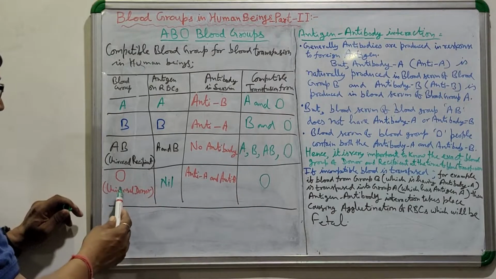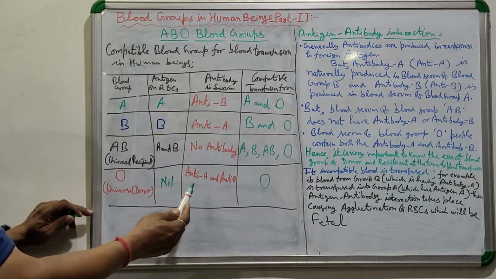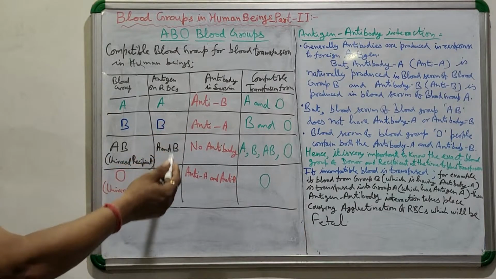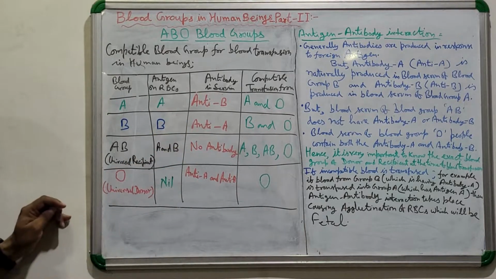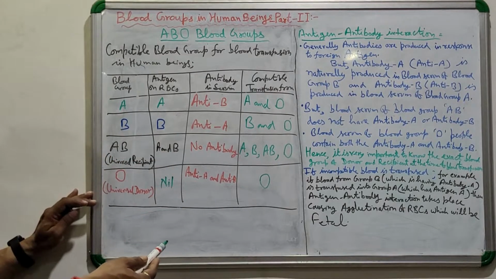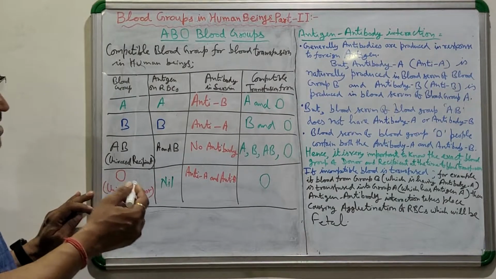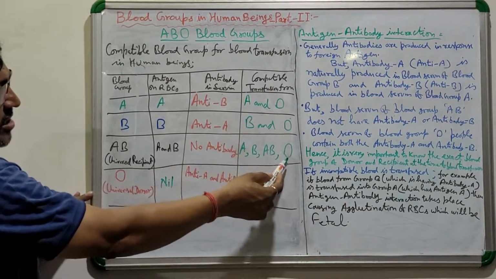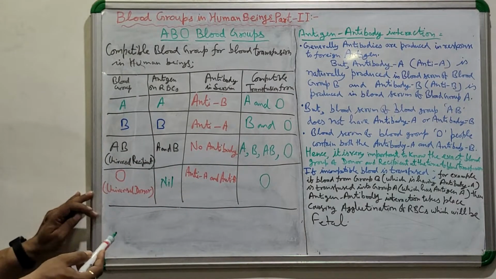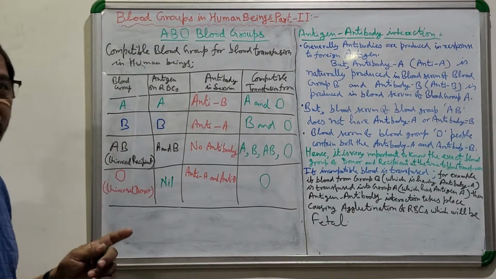That is why you call it universal donor, because it is having antibody A and antibody B both in the blood serum, but there is no antigen in the RBCs. That is why you can donate O type to any group, A, B, AB, to any. That is why you are seeing here in all the groups O, you can transfer O blood group to any. So that is why you call the O blood group a universal donor.